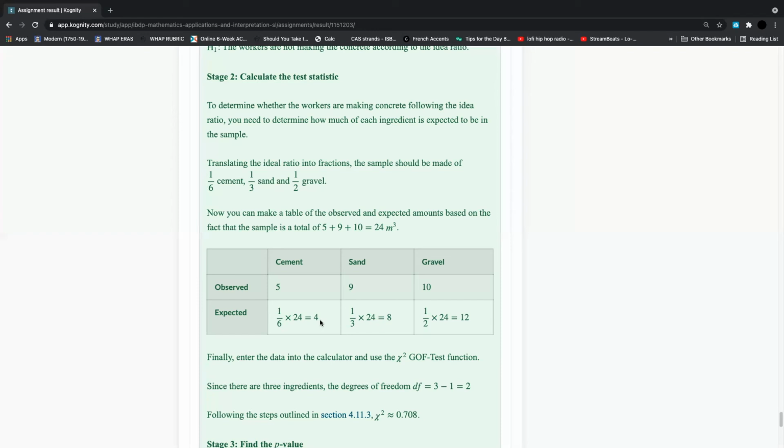Degrees of freedom, since we have cement, sand, and gravel, that's 3 minus 1, which would be 2. Calculate. I forgot to quit in between. Let me do that again. Okay, got it. So I got a chi-squared value of 0.708.